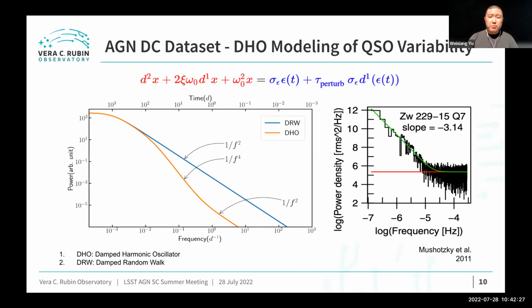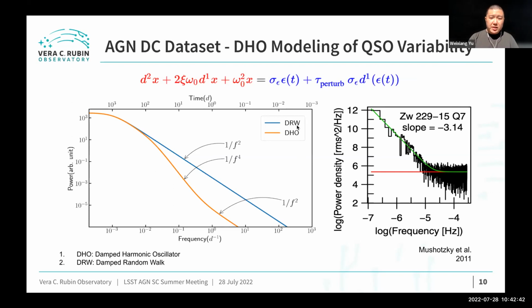The initial motivation behind using DHO to model AGN light curves was that the power spectrum of a DHO can take more flexible shapes than that of a DRW model.